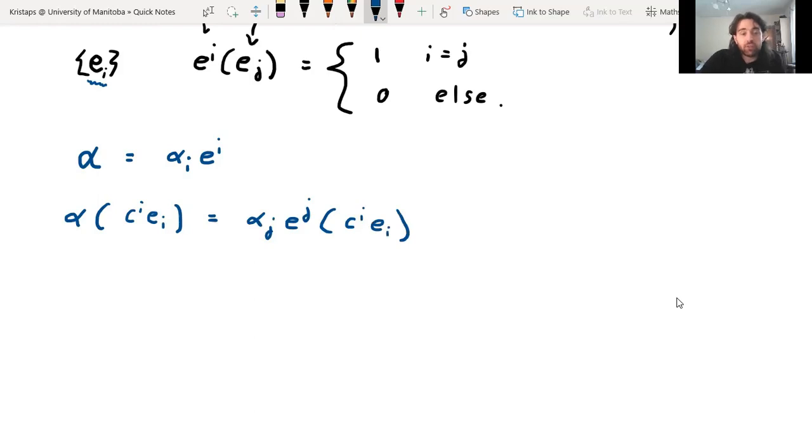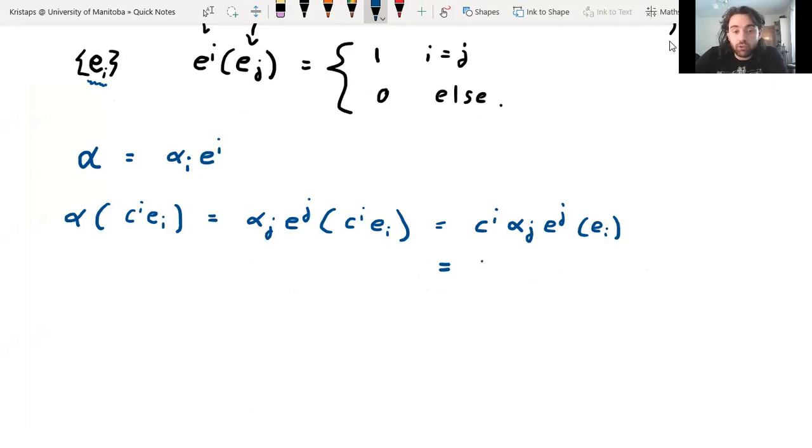And by linearity, I can rewrite this. I can pull my C i out in front, and this is going to be alpha sub j, E upper j on E i. And notice that this is only going to be non-zero when i is equal to j.